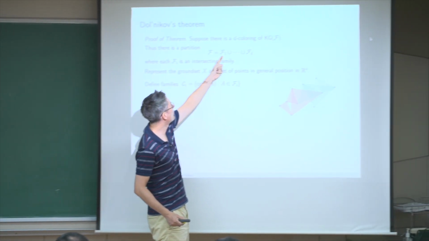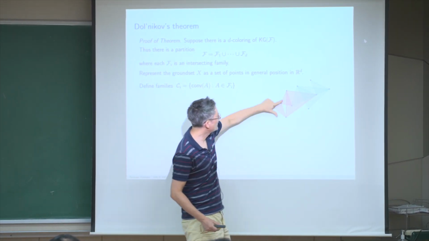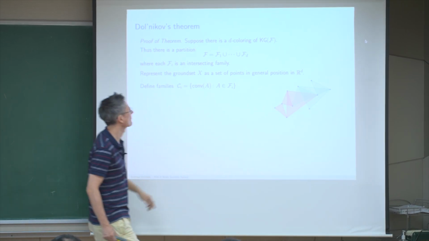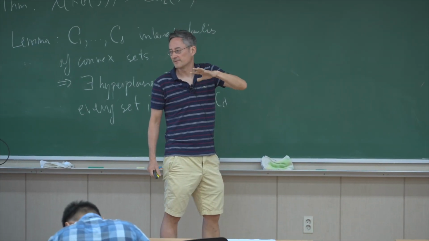So from family 1, I look at all the sets there, I take the convex hull, it gives me a bunch of convex sets. And I do this for each family.